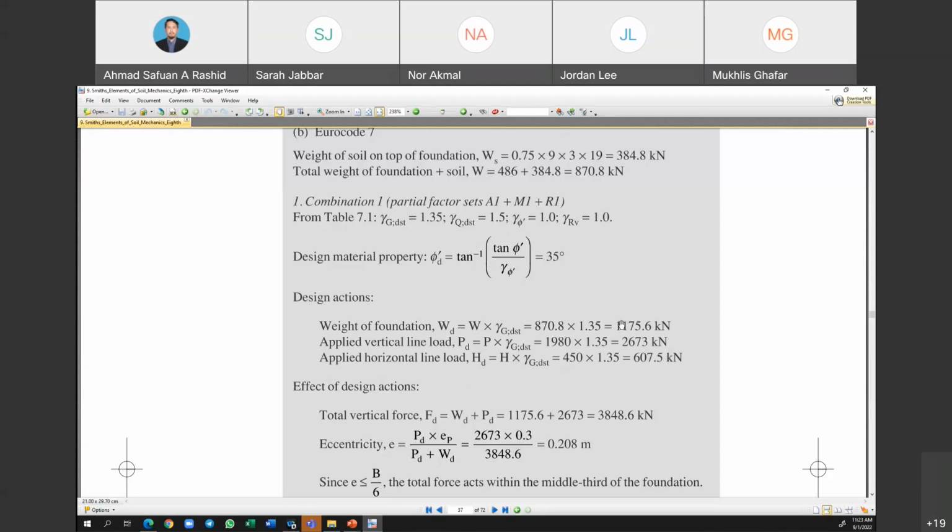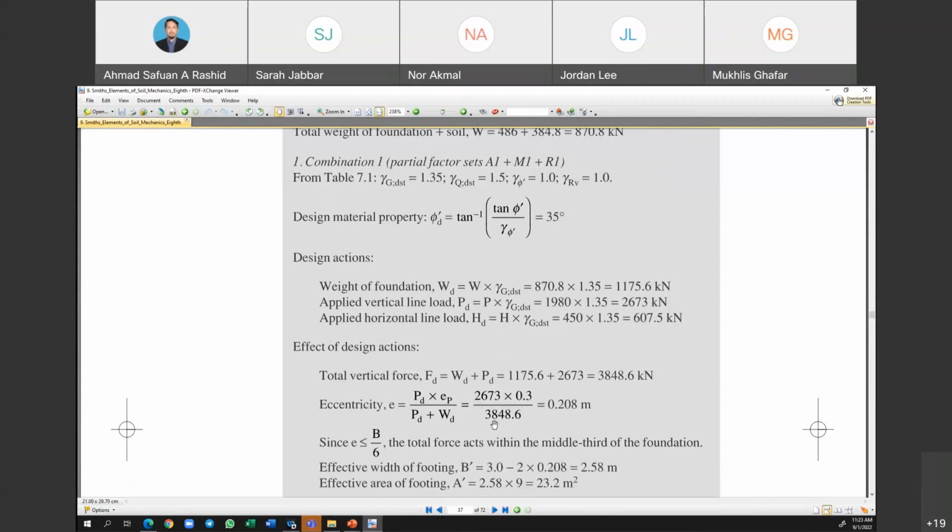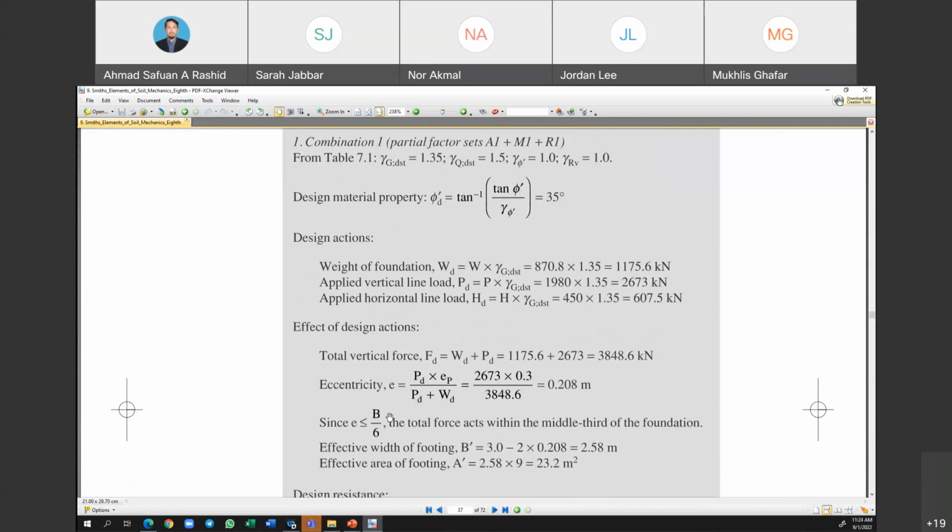So then 1175.6, 673, 607.5. Then the FD we obtain here is 3,848 because this is the vertical load. From there we calculate the eccentricity, the same procedure.